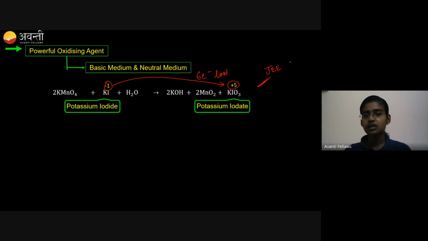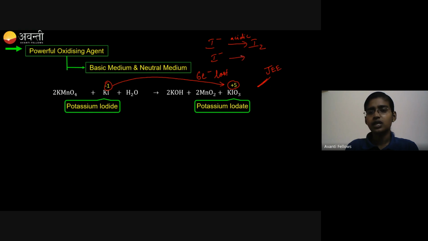In acidic, I minus is getting converted to I2, but in basic, I minus is getting converted to IO3 minus. So, I minus to I2 in case of acidic medium, and I minus to IO3 minus in case of basic, fairly basic or neutral medium. Clear? So, this was the question asked.